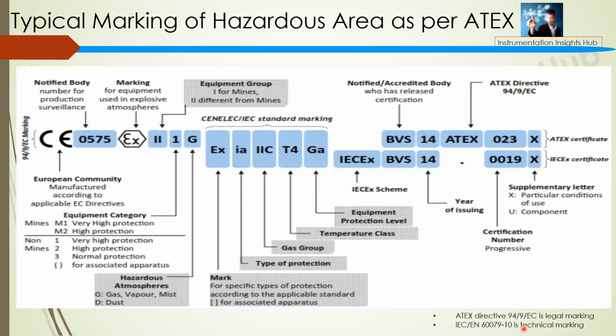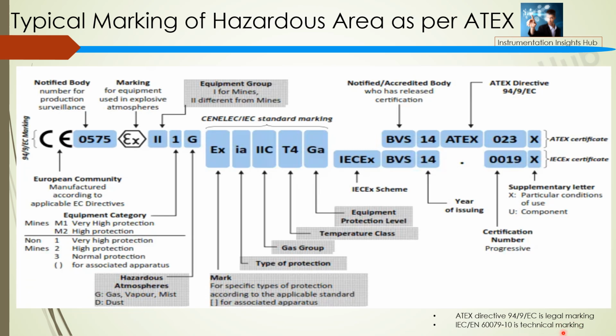So the ATEX directive 94/9/EC is a legal marking, and IEC is a technical marking. In a nutshell, the ATEX directive 94/9/EC is a legal marking. It is required so that this equipment can be used in India, in European countries, or in other countries.